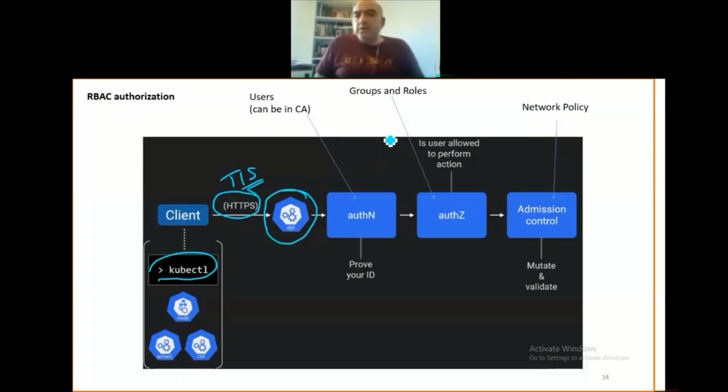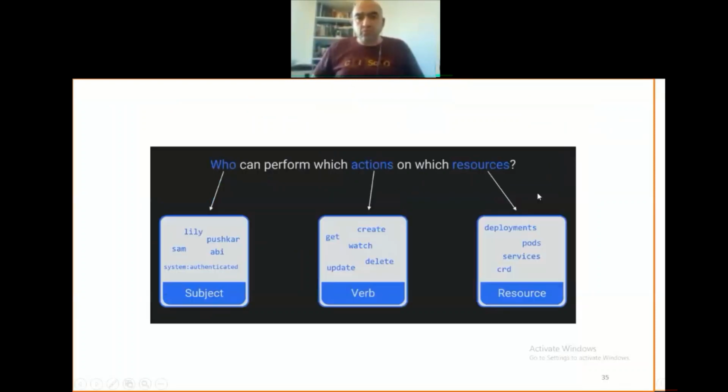Then I can start saying, let's take the users and put them in groups and roles. I can do that. Then finally, I can use some network policy to do some admission control, what they can do and what they cannot do. So if I say who can perform which action on which resources, the user is going to be a subject in the certificate.